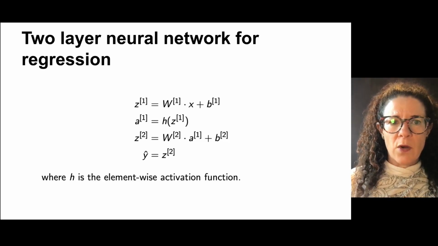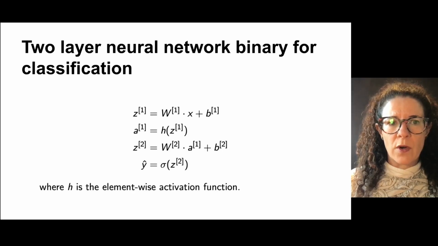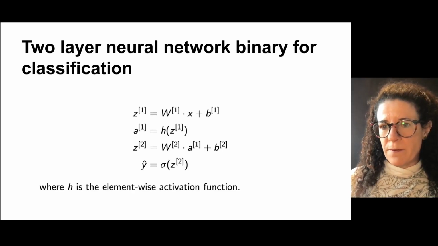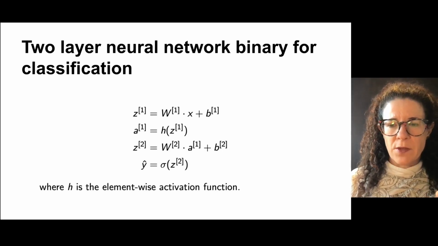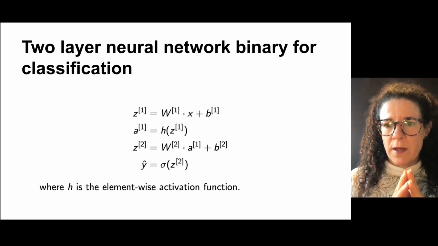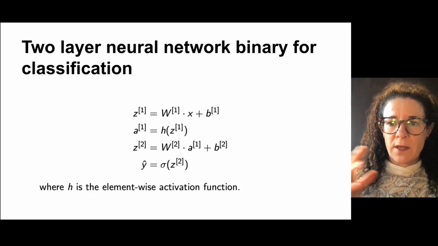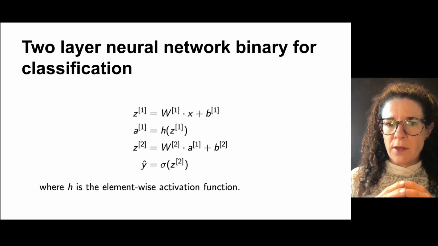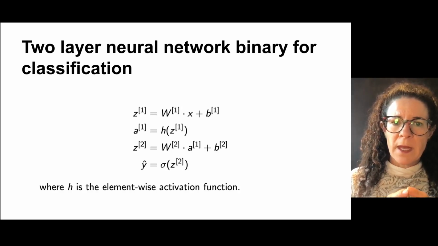Now let's look at how we define a two-layer neural network for binary classification. So we're gonna do the same thing. We start with x as our input. We apply a linear transformation to that input. Then we apply a non-linear transformation to the output of this linear transformation.